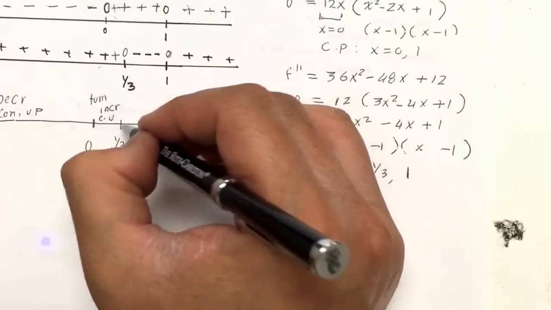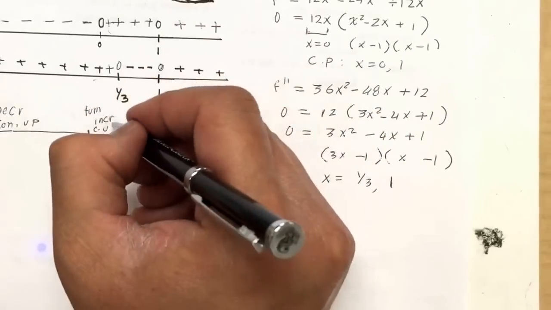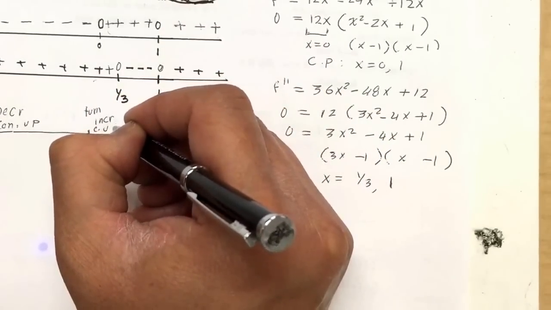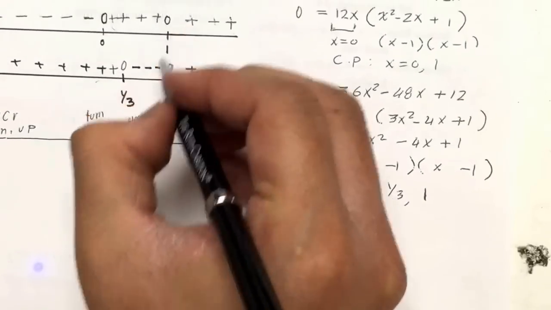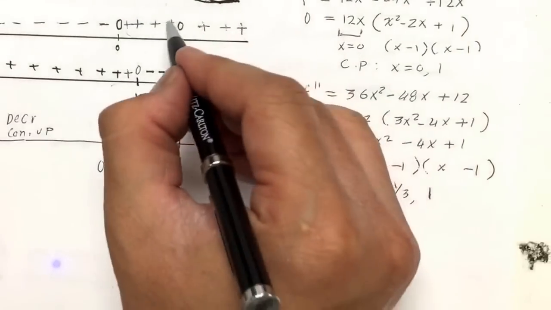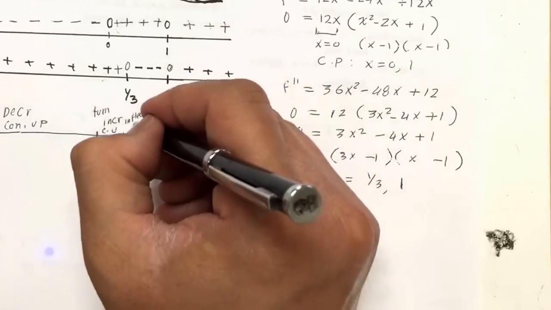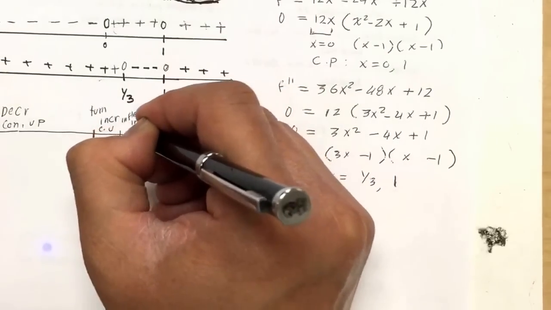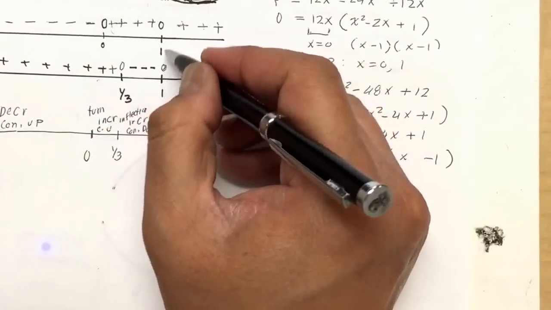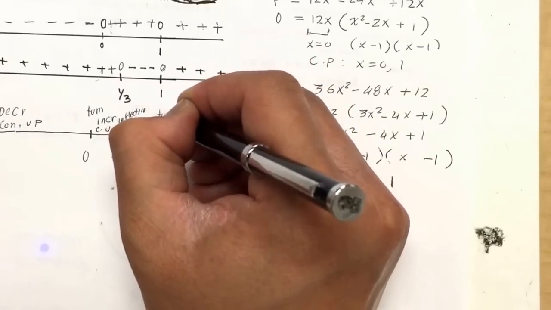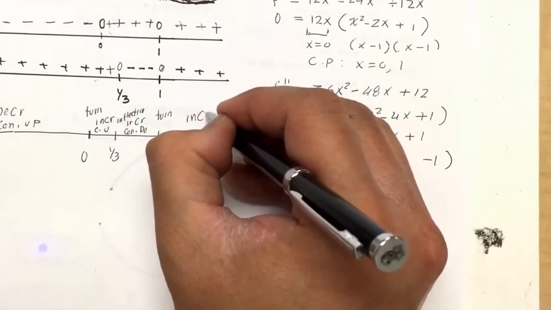From 1/3 to 1, and by the way, at 1/3 there is an inflection, it is increasing, concave down. At 1, there is a turn, and then increasing, concave up.